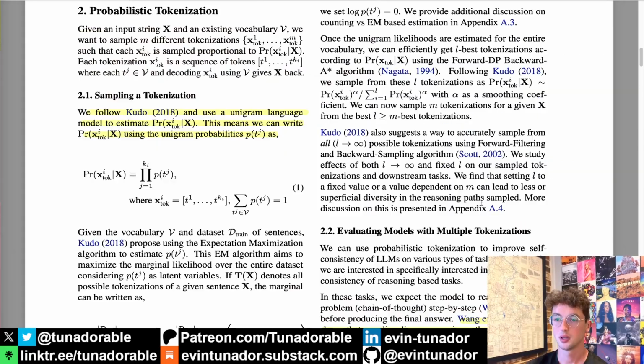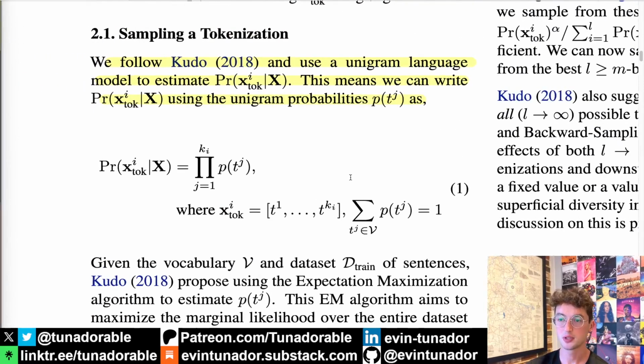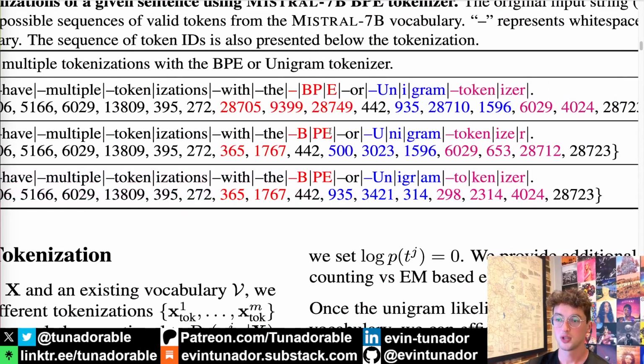And so roughly what they're doing with using this unigram language model is they are using the probabilities that they get from it, this very simple version, and using those to choose which actual tokens we get as outputs when tokenizing our prompt.